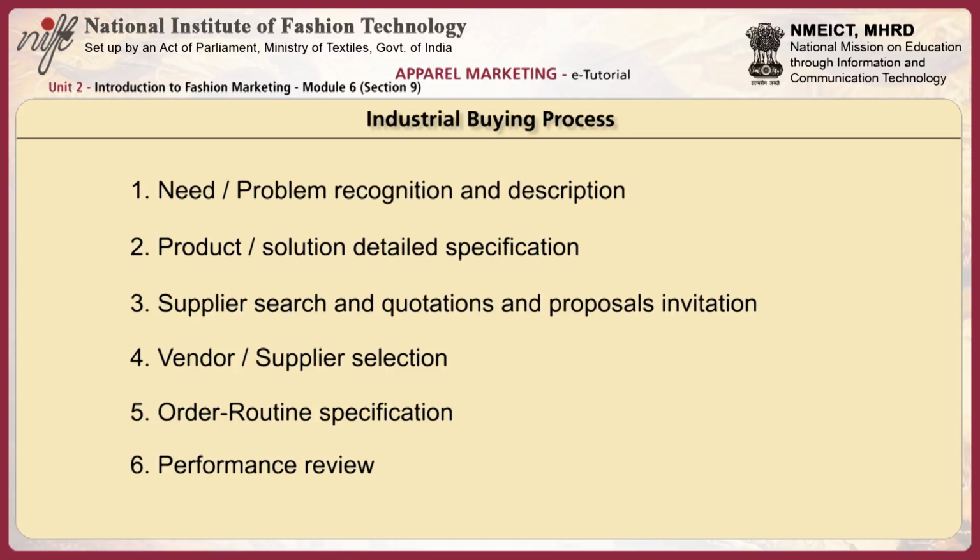Like any other buying process, even industrial buying starts with need or problem recognition. This involves formally describing the problem in detail along with the solution and its requirements.